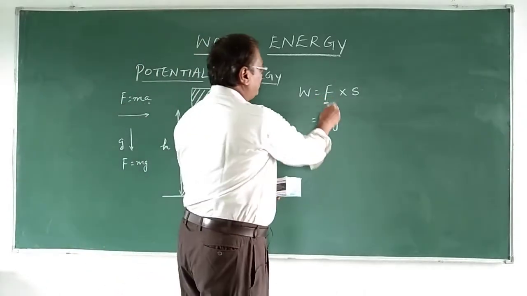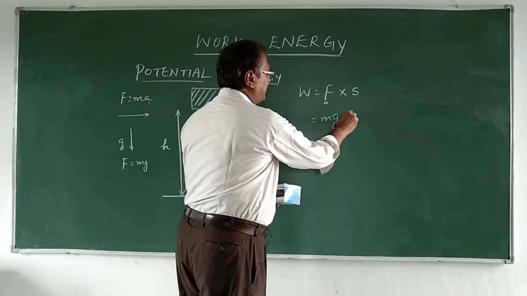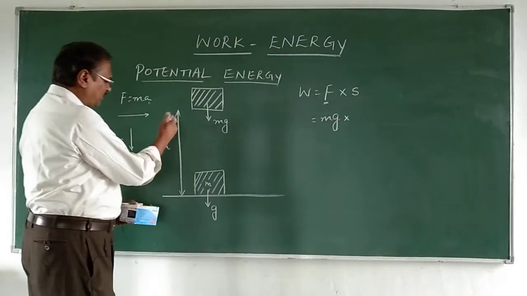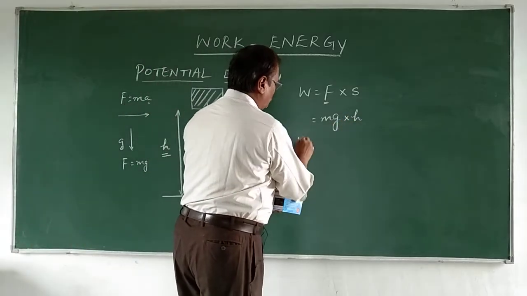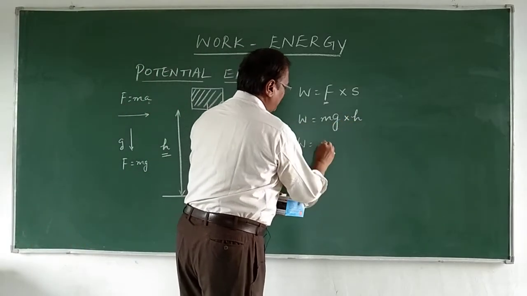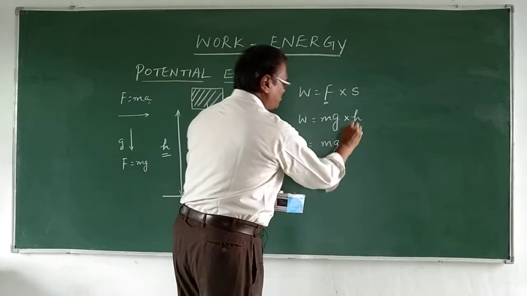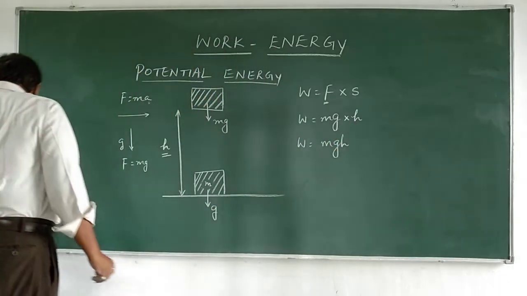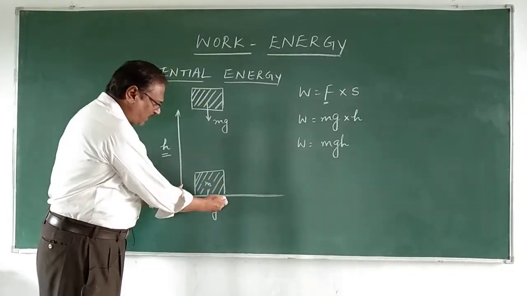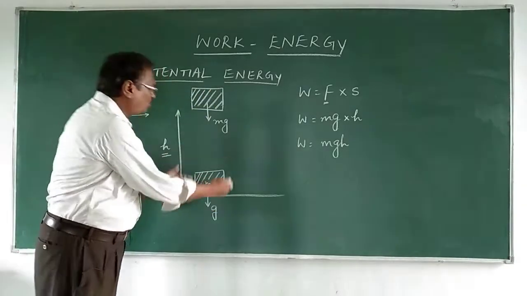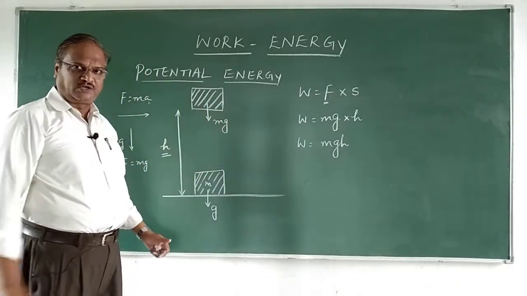So force is F, which is mg, multiplied by the displacement of the body, which is h. So I put it h. So work done is equal to mgh is the formula. Now that is the amount of work I have done to shift the body from the ground, this is the reference point, to a particular height h.